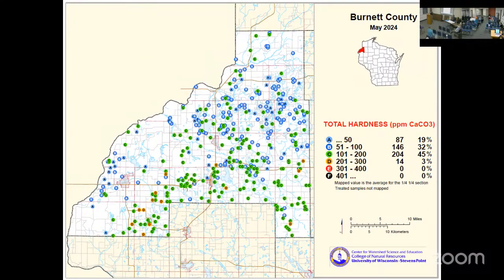In general, when I look at this map, I'm seeing that the northern and the western portion of Burnett County generally has lower hardness levels than the southern half or so of the county. And that's most likely related to some of the things that Elmo showed in terms of where those deposits came from, when those glaciers scraped across the landscape, what sediments did they carry with them, likely has a pretty significant influence on this particular parameter that we looked for.